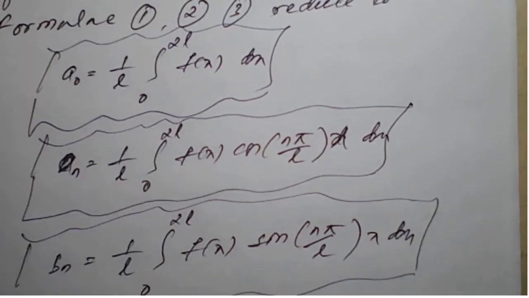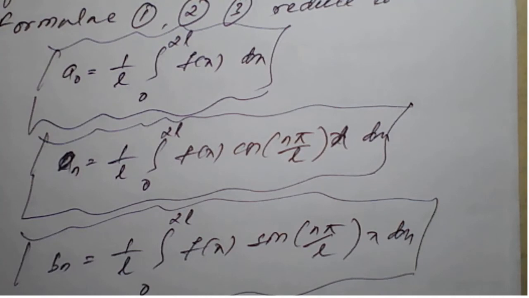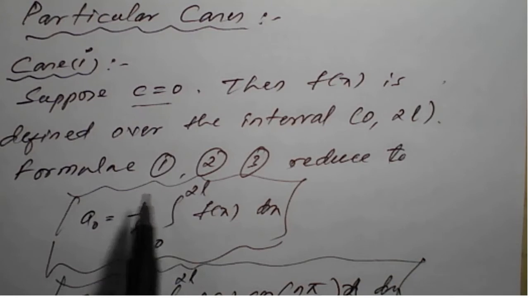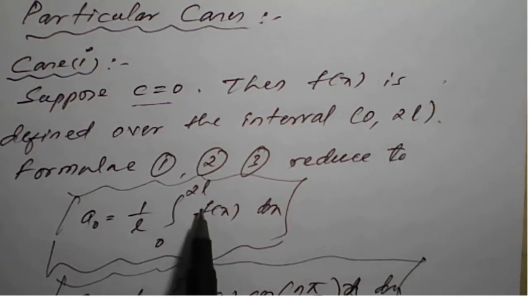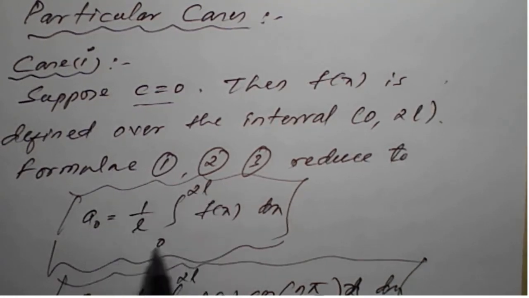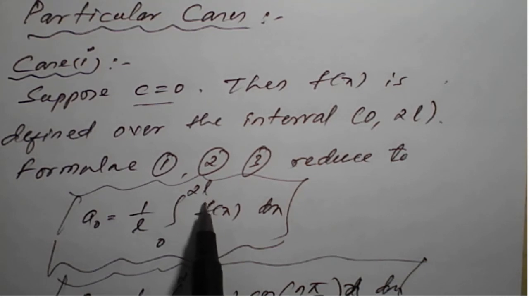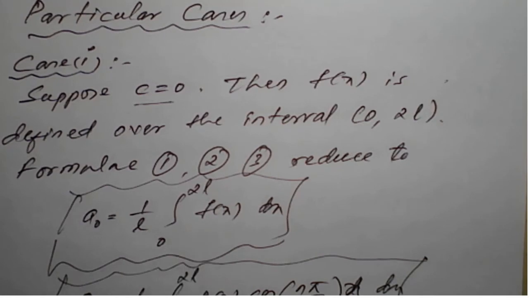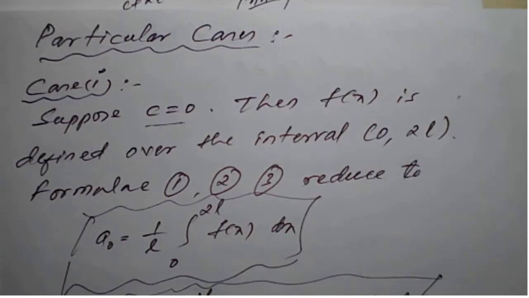Then when c is not 0, so another value, what is that other value? We'll see now. Here we have taken c equal to 0, so we got this result. In this, if L is changed to pi, what happens? Listen here.